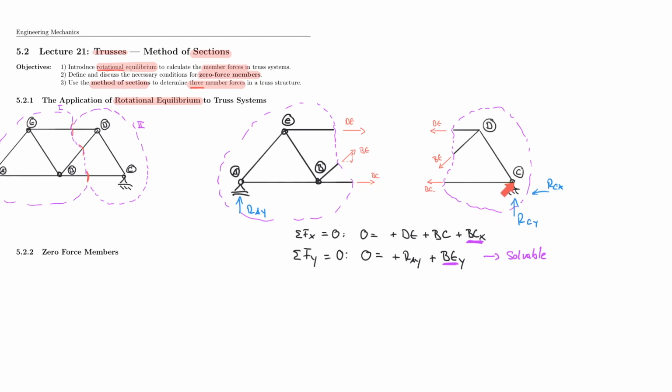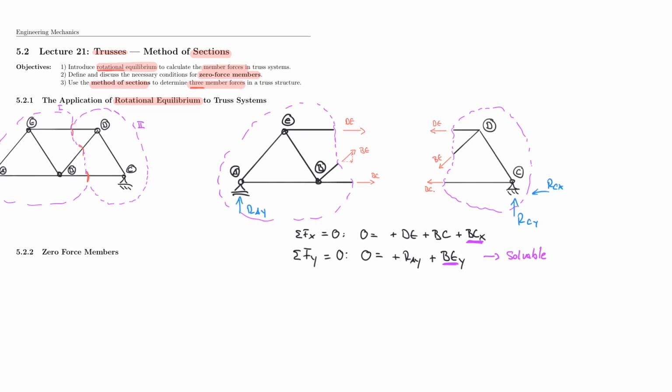But the reason we're taking the sum of the moments about C is because RCY and RCX disappear and we only have one unknown, which is RAY, when we rotate about this point. So this is a condition that's always true, right? If you find any point in any structure where all but one unknown disappear, then you can easily set up one equation with one unknown.